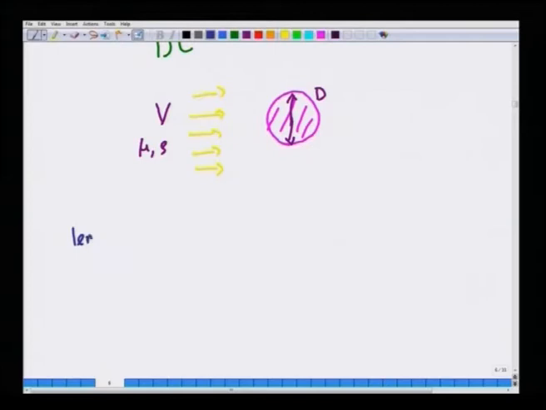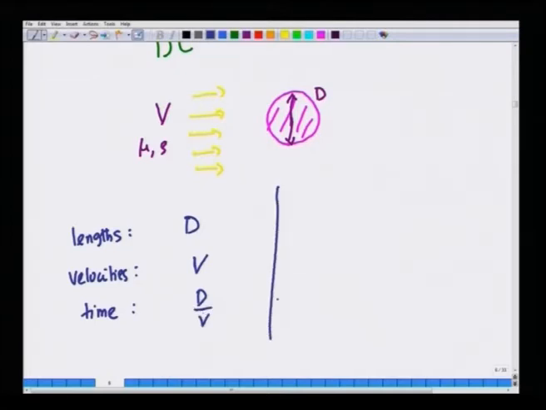All lengths that occur in the Navier-Stokes equations, there is a natural length scale, they must be non-dimensionalized by the diameter of the sphere. Okay. All velocities can be non-dimensionalized by v and times by d by v. Okay.